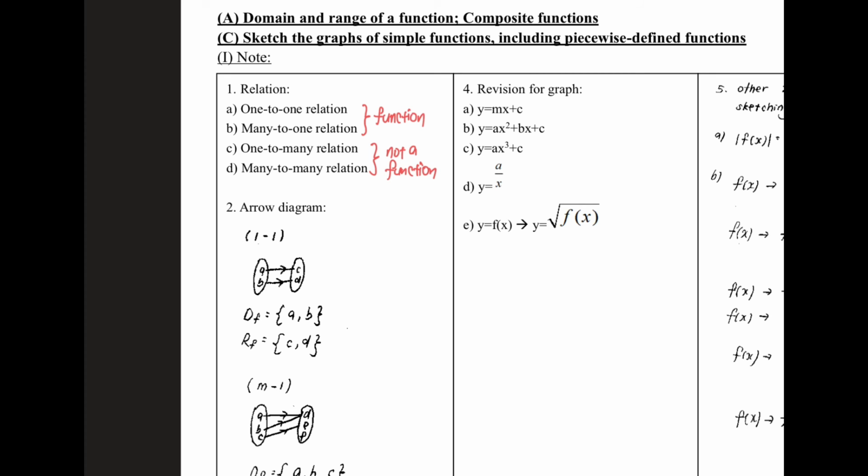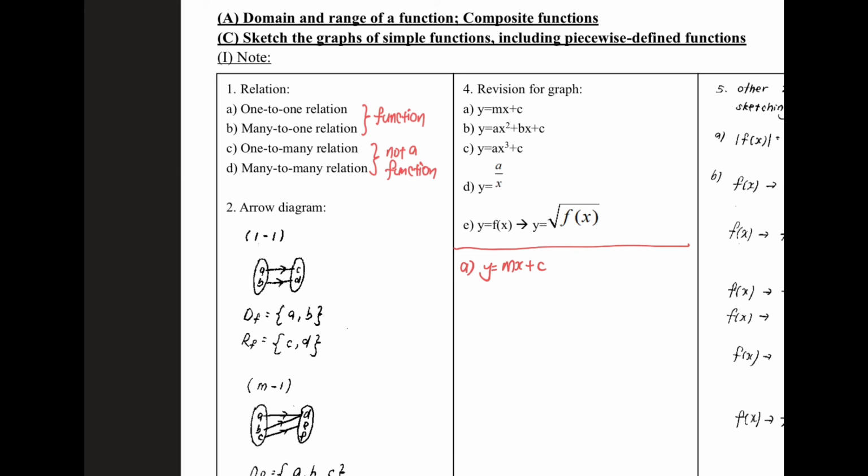So we have the first one, as in A, we have y equal to mx plus c. So this is a straight line graph. So what to remember on straight line graphs, I put it here. A, y equal to mx plus c.